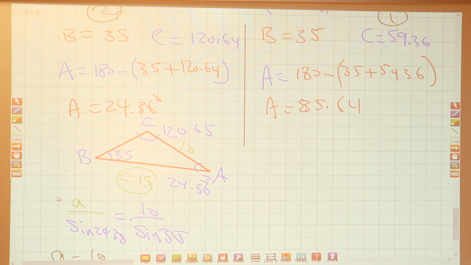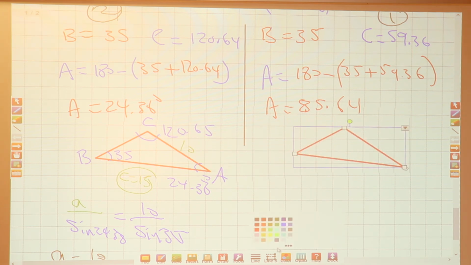Now for the other case, this is the first triangle, that's the acute triangle. I'm going to copy, paste, and put it here. But we're going to fix it a little bit and change the color to green.